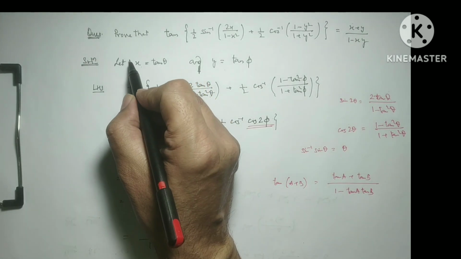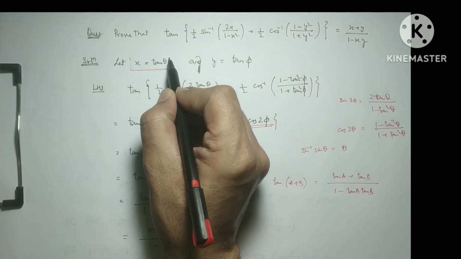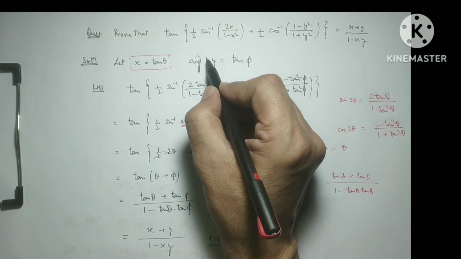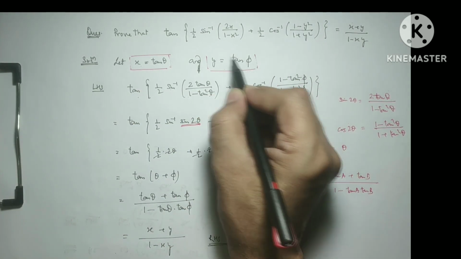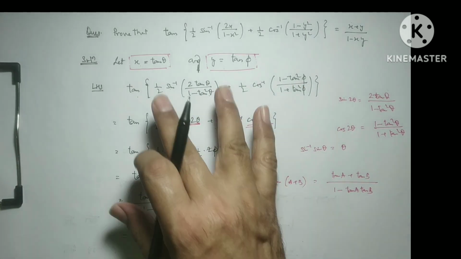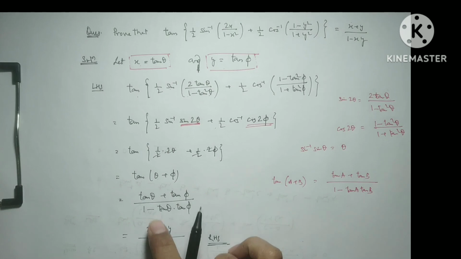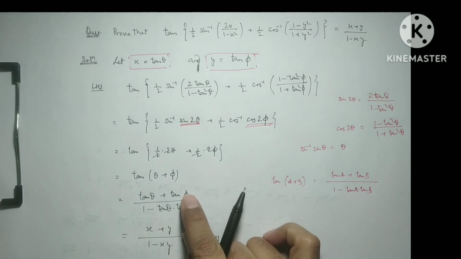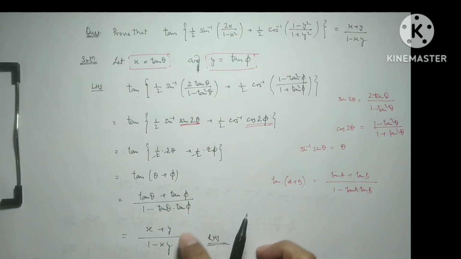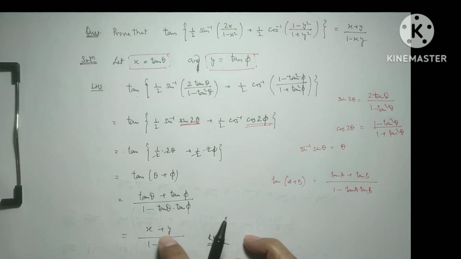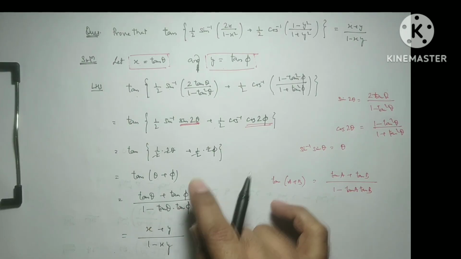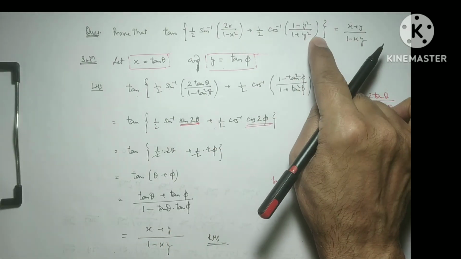And as our assumption, x and y are tan theta and tan phi. So we put the values of tan theta and tan phi as x and y. So it becomes x plus y over 1 minus xy. So this is the final result of this entire expression.